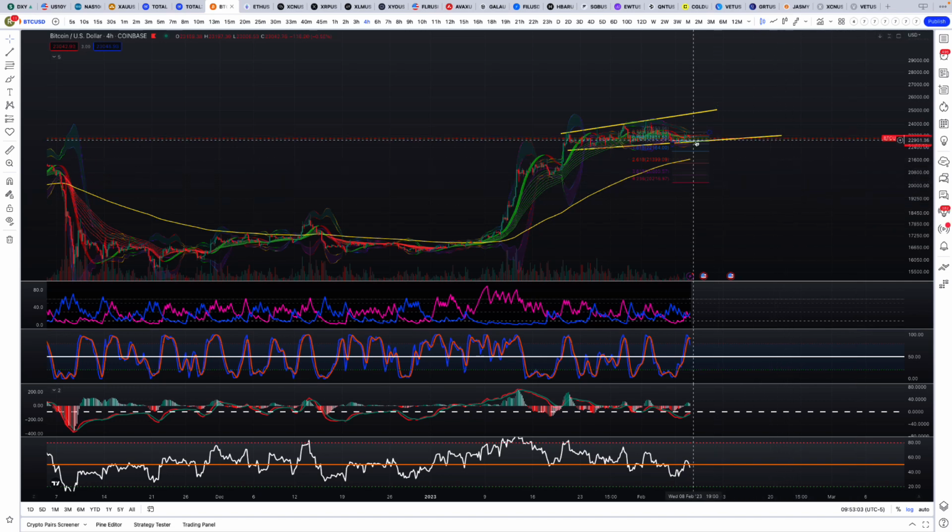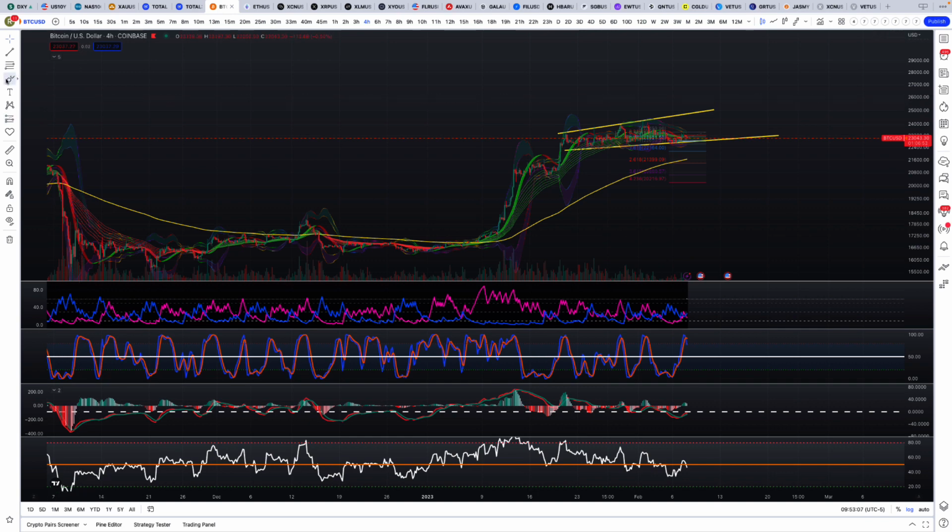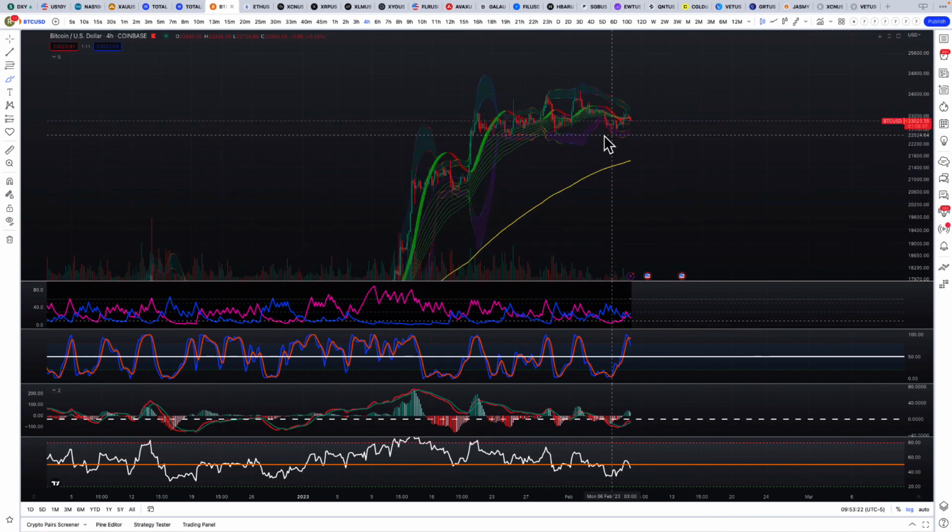So if we do break down from there, it's likely we're going to come down to here. It's not like we're going to just straight shoot down like this. It would probably be, if we do come down, something like that, we bounce back up, something like that. That's why you don't want to panic and sell everything in the event of that happening. But I would watch those levels on your charts.